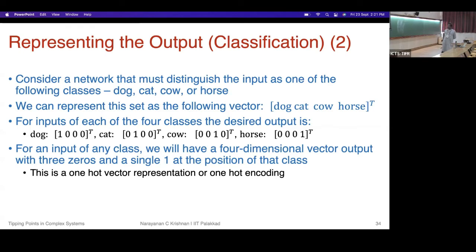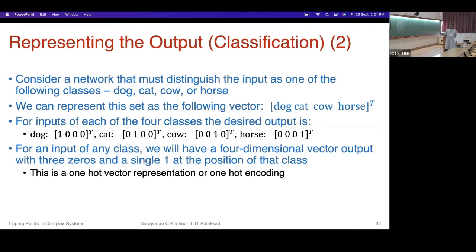the training process? The most common way to do that is through this one-hot encoding vector, where for each class, you have this 4-dimensional vector, okay? And for an input which belongs to the dog class, the first index is 1, the rest all are zeros.